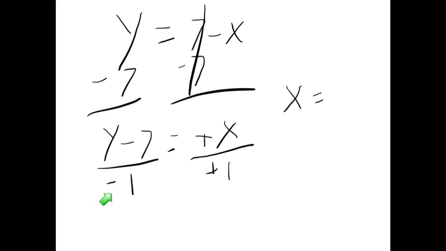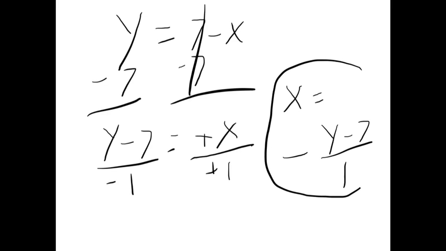We shouldn't have a negative on the bottom, so I'm just going to bring the negative out front of the whole expression. x equals the negative of the whole fraction, y minus 7 all over 1. That can be simplified a little further, but it's not really part of this lesson. We'll leave it like that for now.